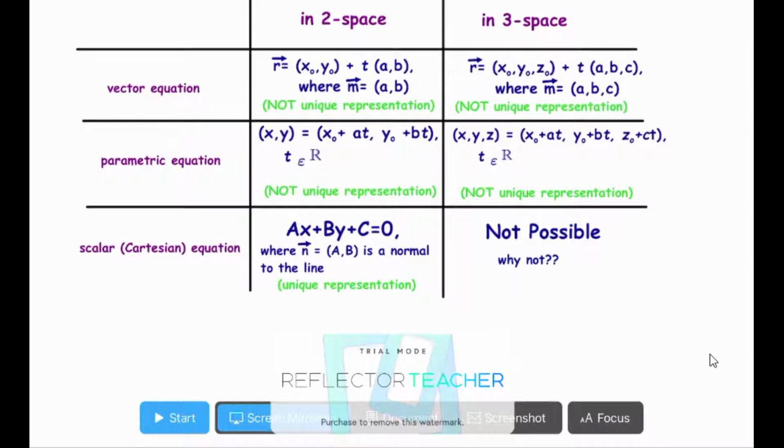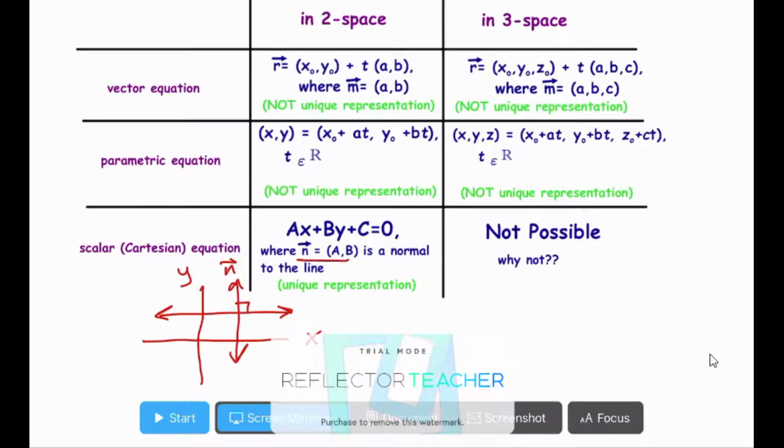Why not? Well, let's think about it for a moment. When we're defining a normal equation, let's think about 2-dimensional space. I have the equation of a line, and I have my vector n that's normal to it.